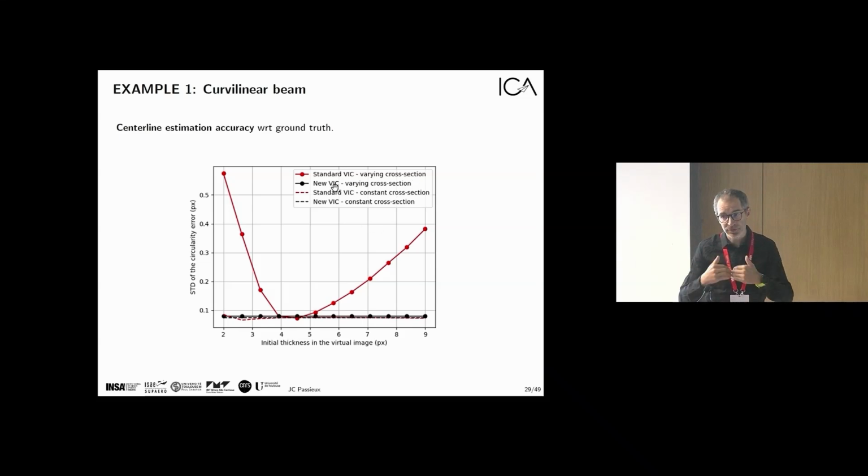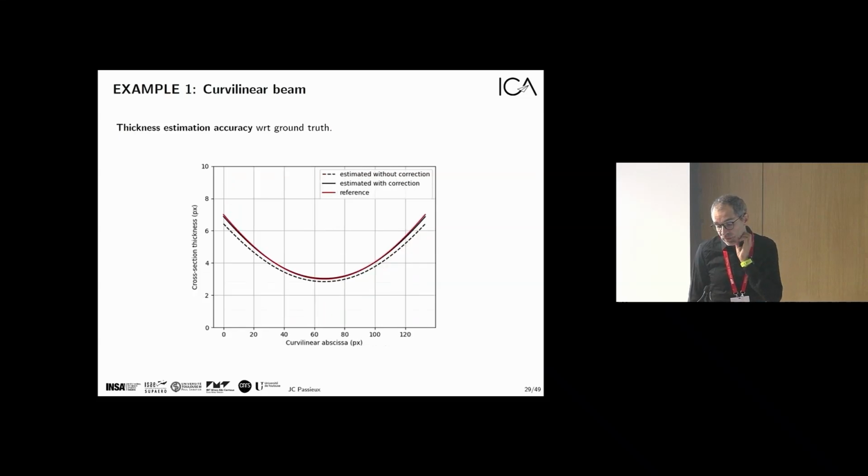And with the method that estimates the thickness, we are no longer dependent on this, and we have a kind of subpixel accuracy in the position of the center line. We can also see that we pretty well estimate also the thickness evolution with something that is close to pixel or subpixel accuracy.